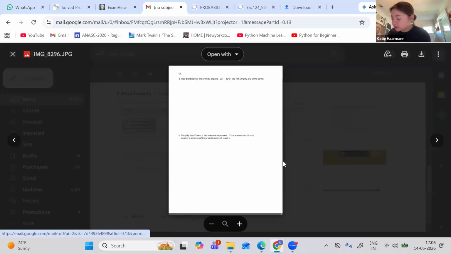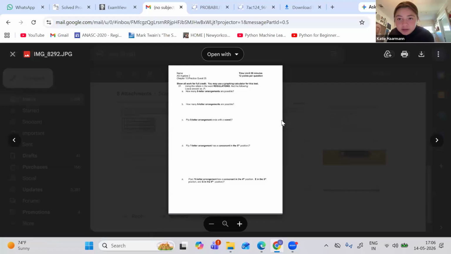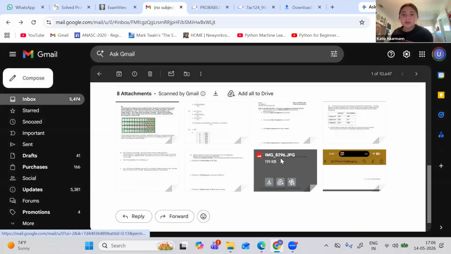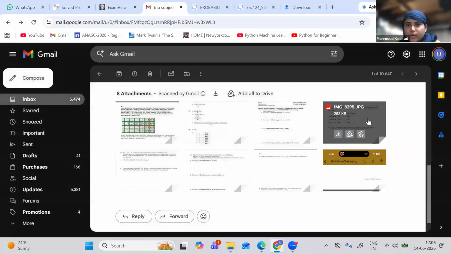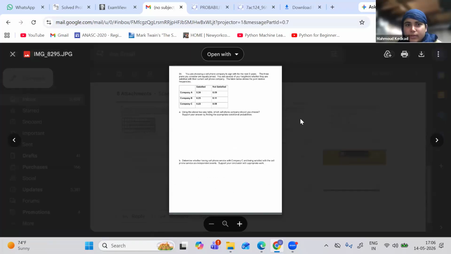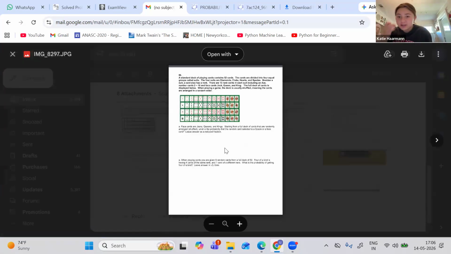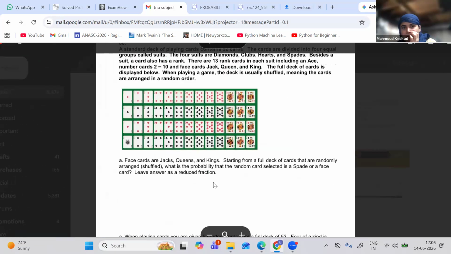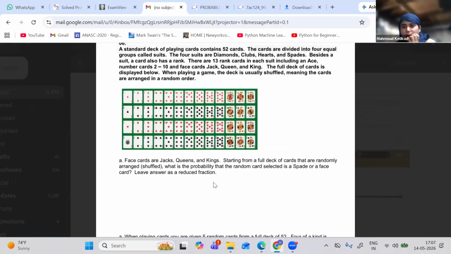Wait, click on that one again. Does it say, is the first question? That's the 6 letter, 8 letter arrangement thing. A regulation question. Go to the first one. Yeah, this is binomial. Like the top left corner. That's the card one with the diagram. What's the first question? Face cards are jacks, queens, and kings, starting from a full deck of cards that are randomly arranged.